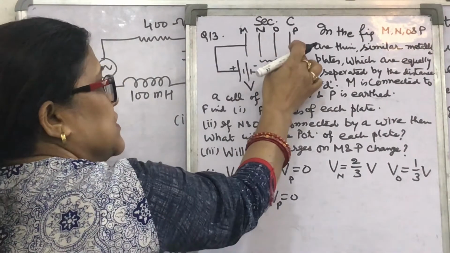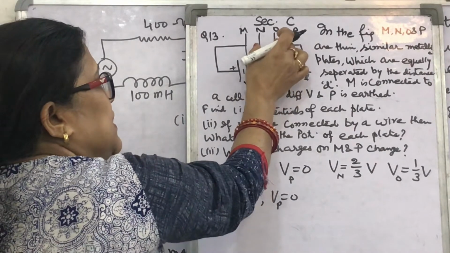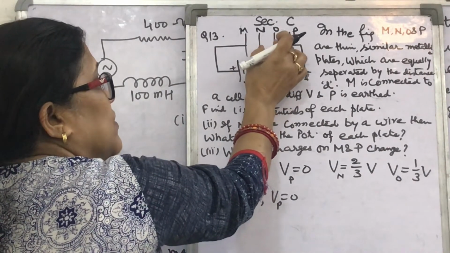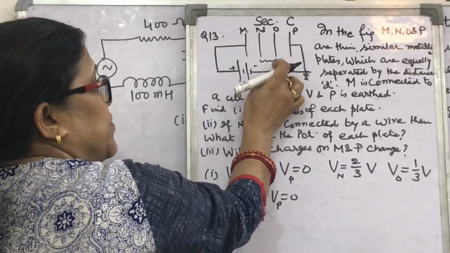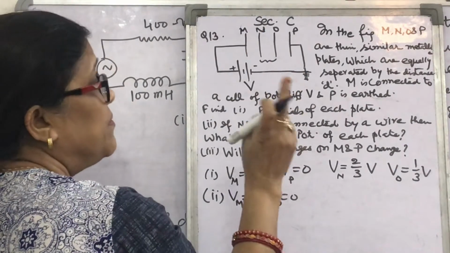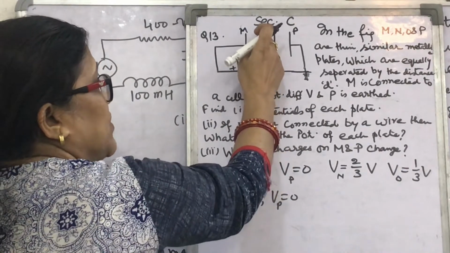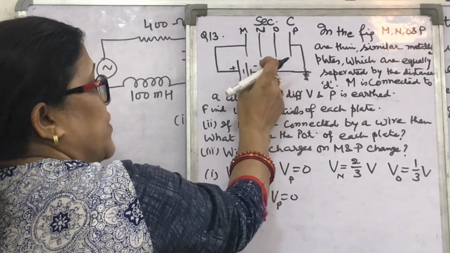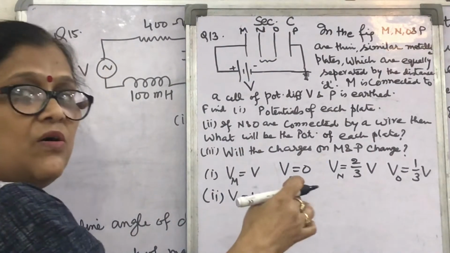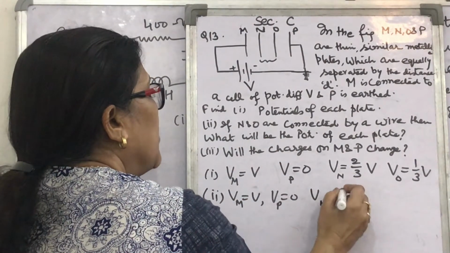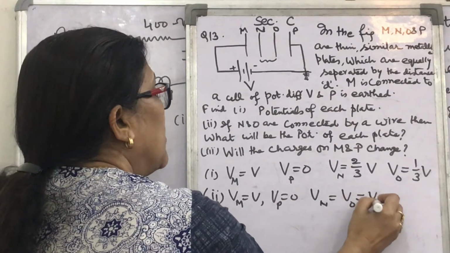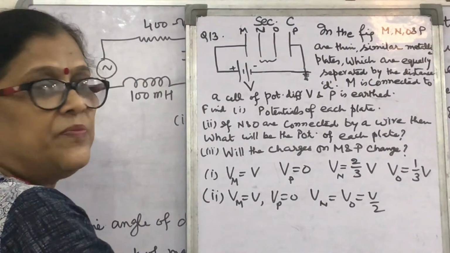This is V, this is 0. And these N and O are now not part of the capacitor as they are joined. They will have the same potential because N and O are joined with the wire. So the potential of both will be the same. So what will you write? Vn equal to Vo equal to V by 2.